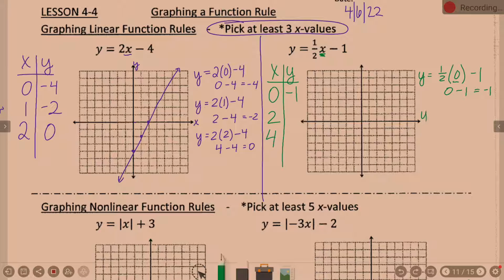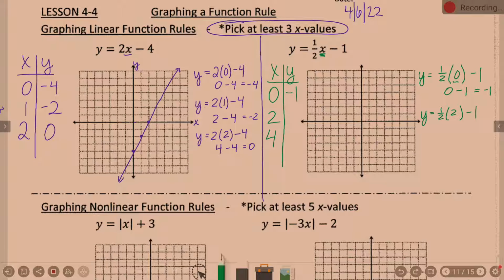Okay, put in 2. So this time, instead of 1/2 x, it's 1/2 times 2 minus 1. What's half of 2? Just half of 2. Here's 2, what's half of it? 1.